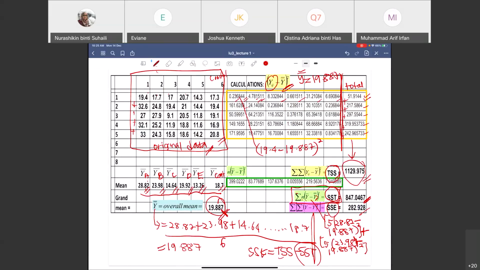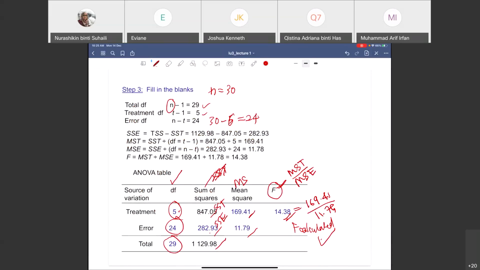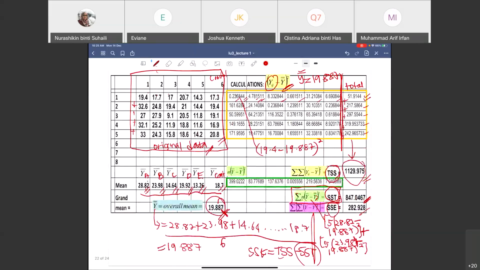DF you can solve easily, right? After you solve the SST and SSE, you can easily find MST and MSE, and finally F. So the trickiest part is this part. But you have to know what you're looking for here. So you go for the easiest one first, and then finally this one.